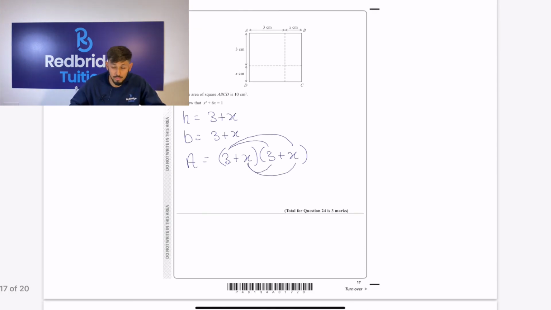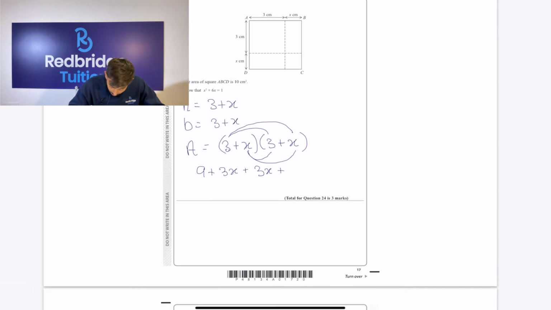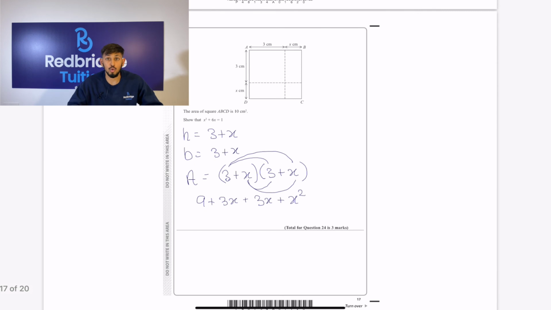So we've got 3 times 3, which is 9, add 3x, then we add another 3x, and x squared. In the question, it has told us that the total area is equal to 10. So this expression has to be equal to 10 centimeters squared.